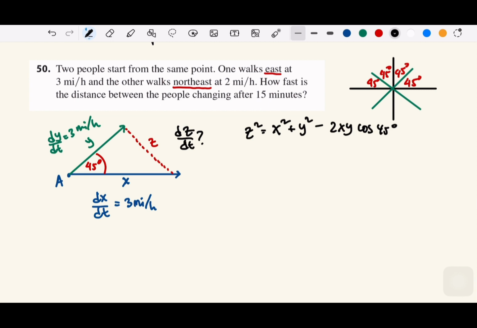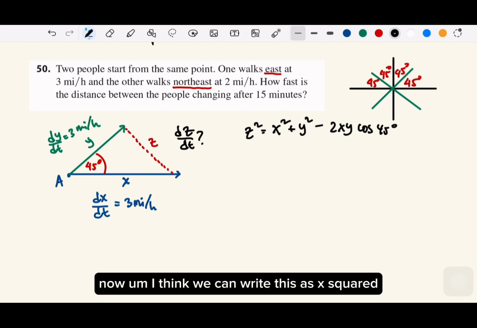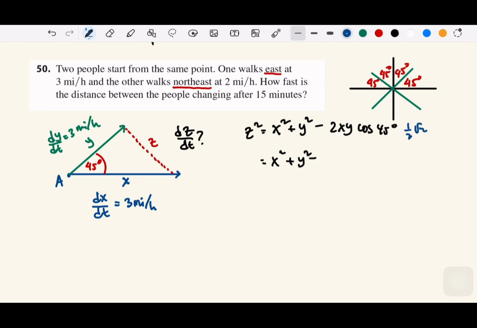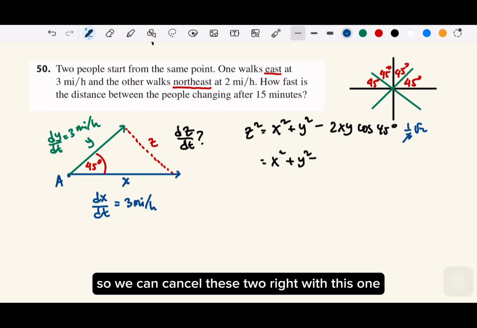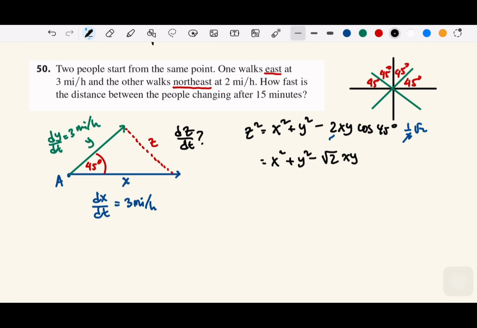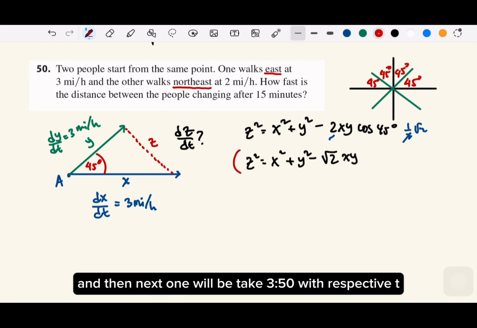Now we can write this as x squared plus y squared minus, the cos 45 is half square root of 2, so we can cancel this 2 with this one. So we have square root of 2 times xy. And then next we take the derivative with respect to t.